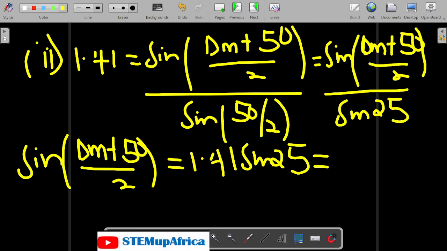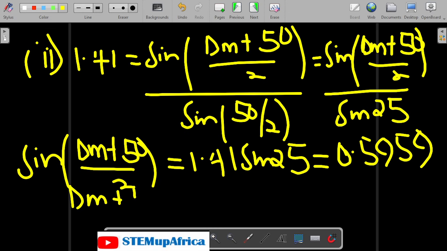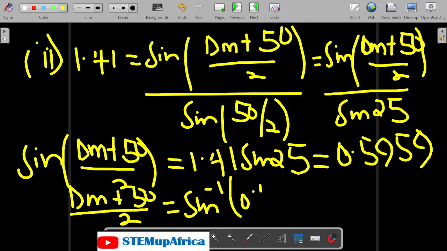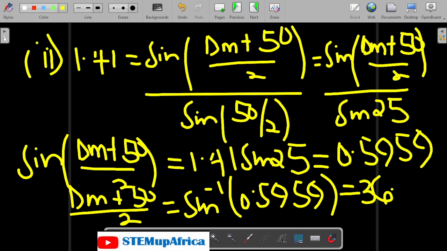So let's press that: 1.41 sine 25 will give us 0.5959. So my (dm plus 50) divided by 2 is the sine inverse of 0.5959. Second function sine, we have 36.6 degrees.